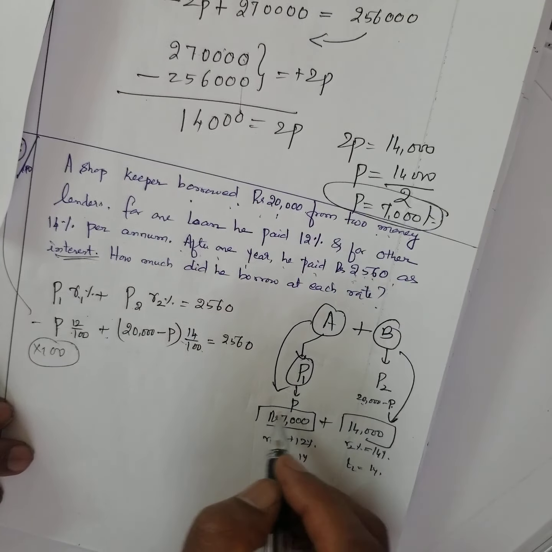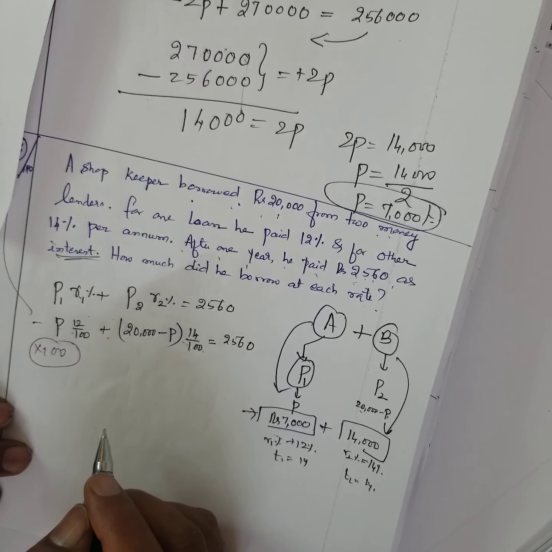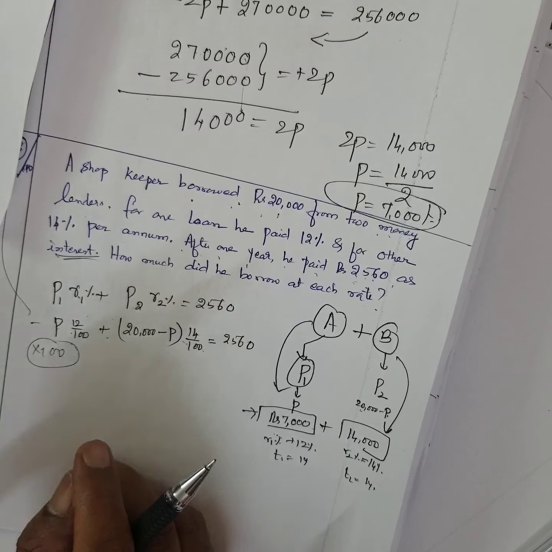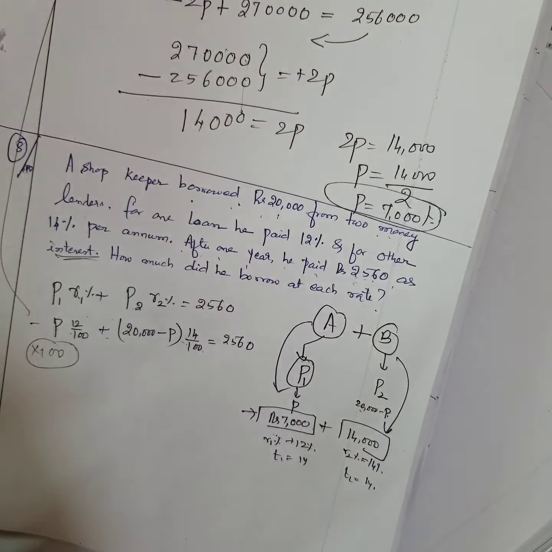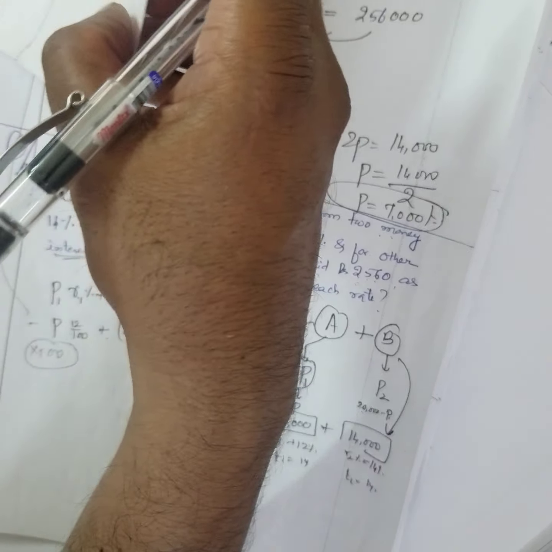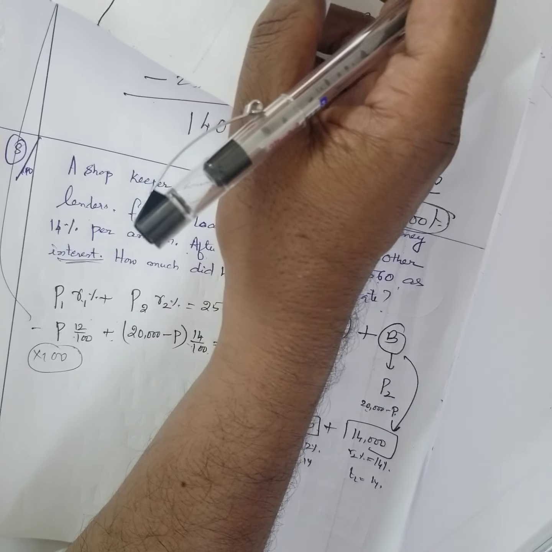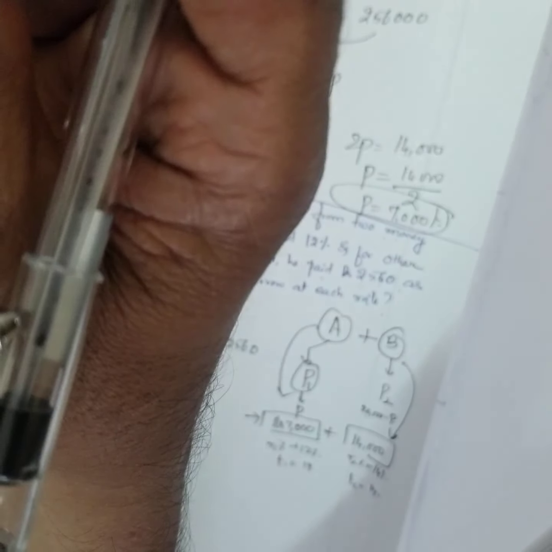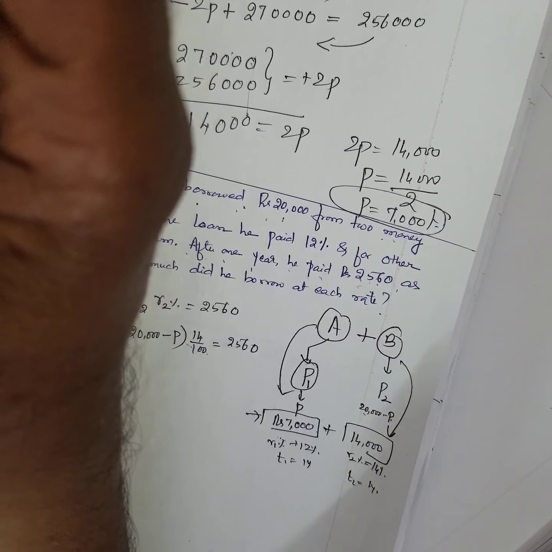He borrowed 7,000 and 14,000. Understood? Therefore, this type of sum looks very difficult, you need a lot of brain for this. Okay, that means 7,000 or 12,000.